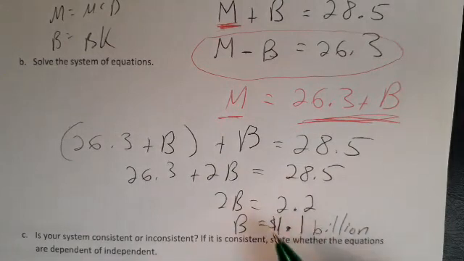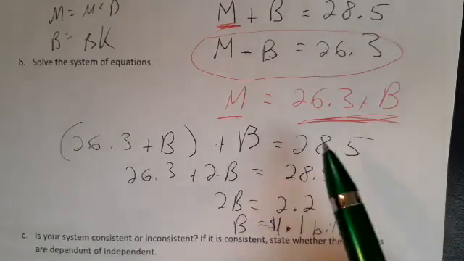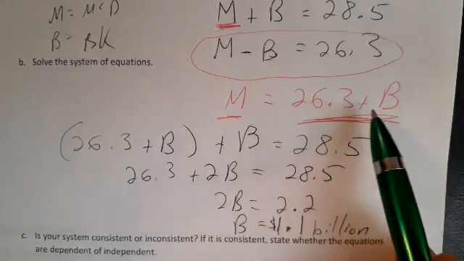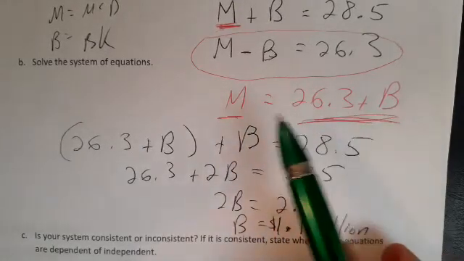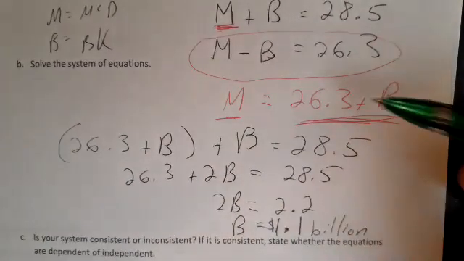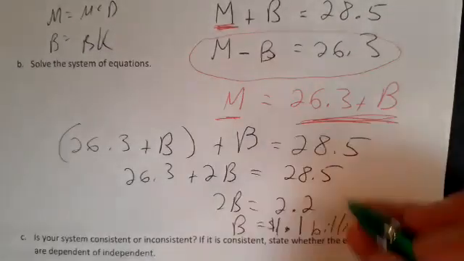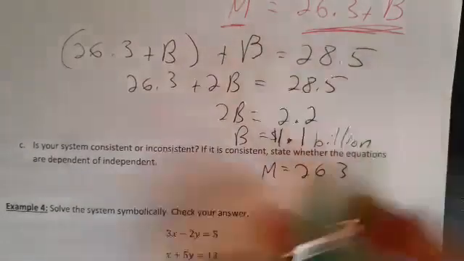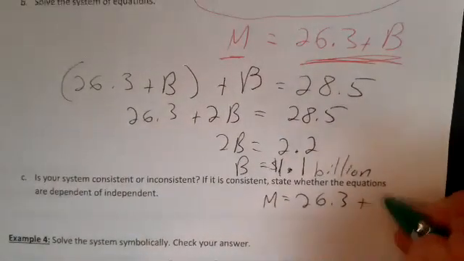Now we need to take our b variable of 1.1. And if we did substitution, this is where I would go to find your other variable. So we know m is equal to 26.3, and I want to add 1.1 to that.